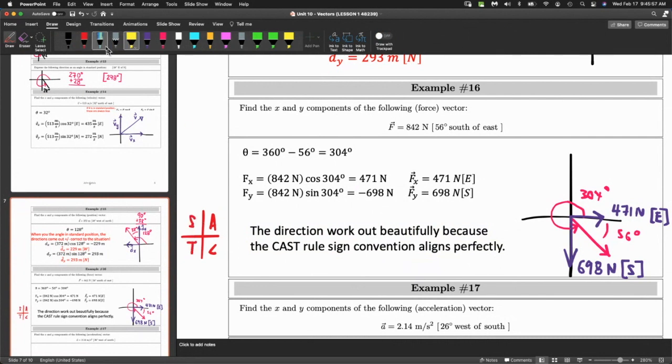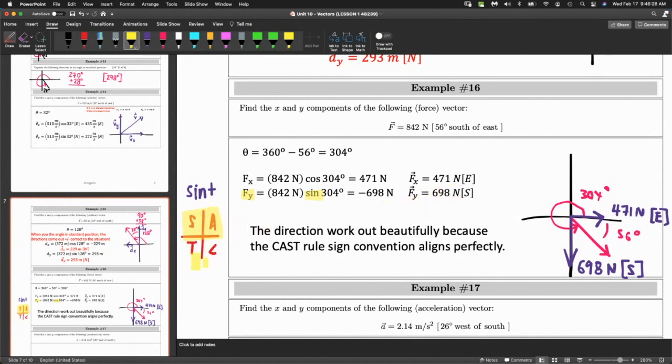Can someone tell me where is sine positive? Which of the quadrants? Yeah, these two, right? Sine is positive here. So take a look here. The y component is sine. And notice that the answer is positive. In other words, whenever sine is positive, it's on the top, so that's north.